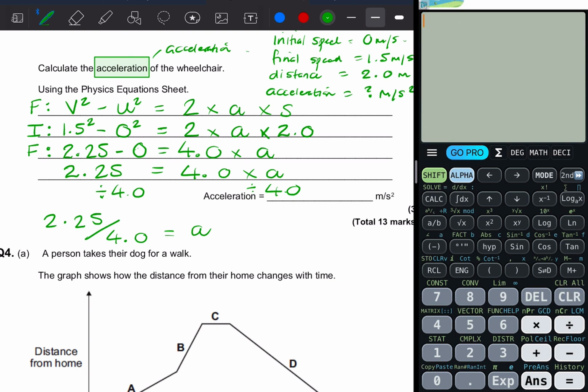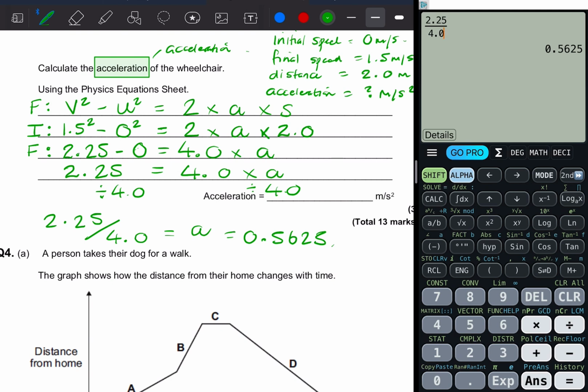Let's do that. 2.25 over 4.0. Oh, I wrote 1.0 there. 4.0 is equal to 0.5625, my answer, my a of my FIFA.